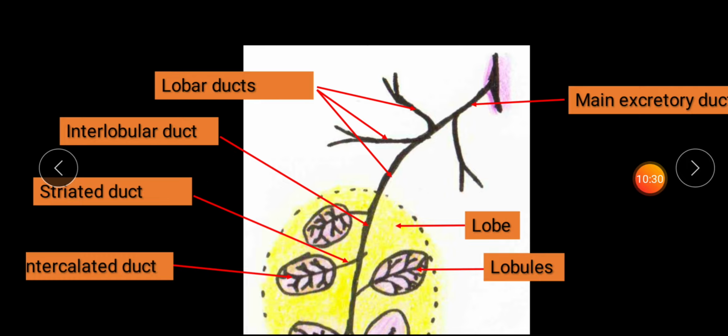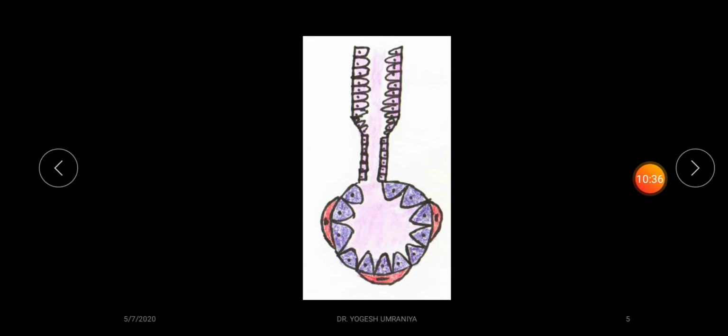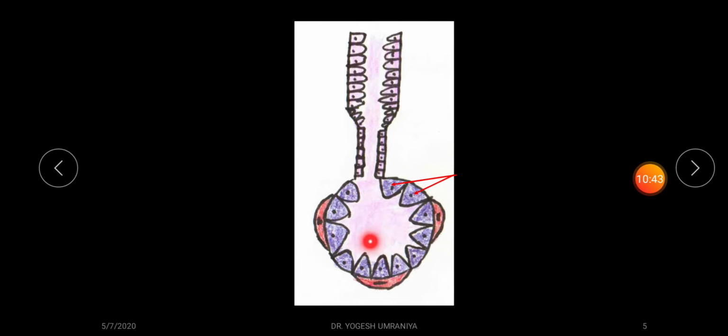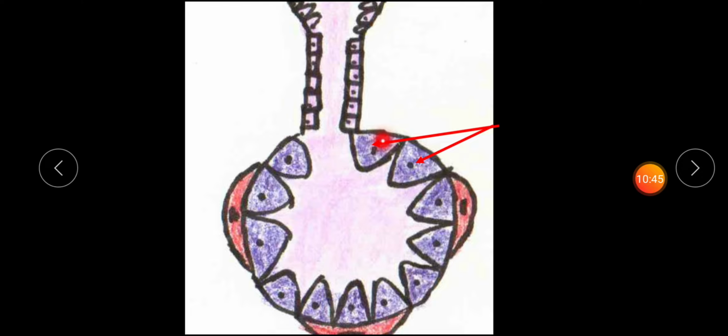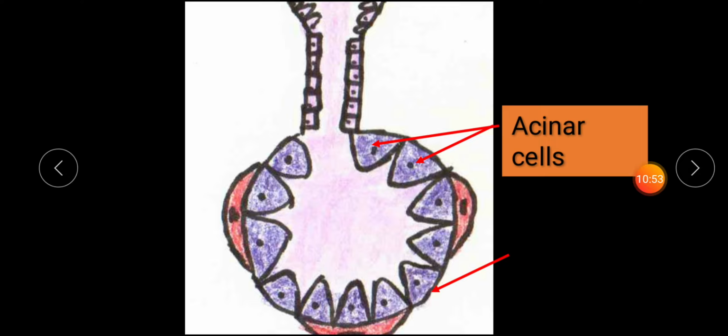Now, we will see the arrangement within a single acinus and its duct. Here you can see a single acinus as well as its duct system. First, you can see pyramidal cells arranged circularly; they are termed acinar cells.